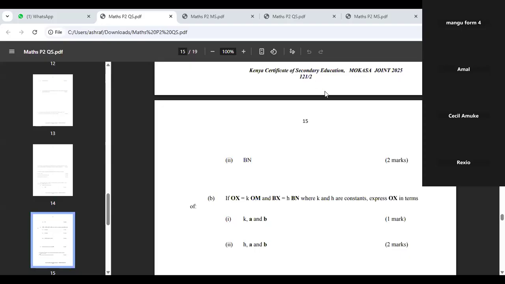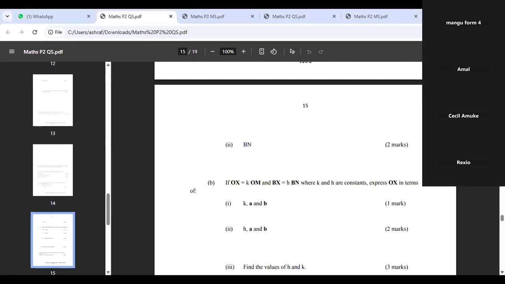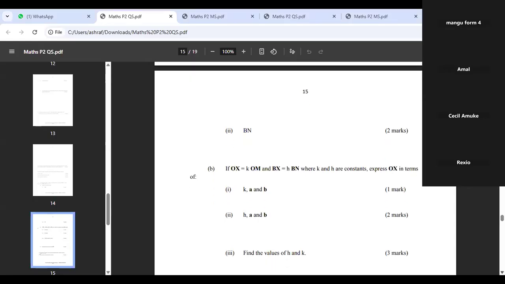Express OX in terms of H, A, and B. Yes, Cecil.